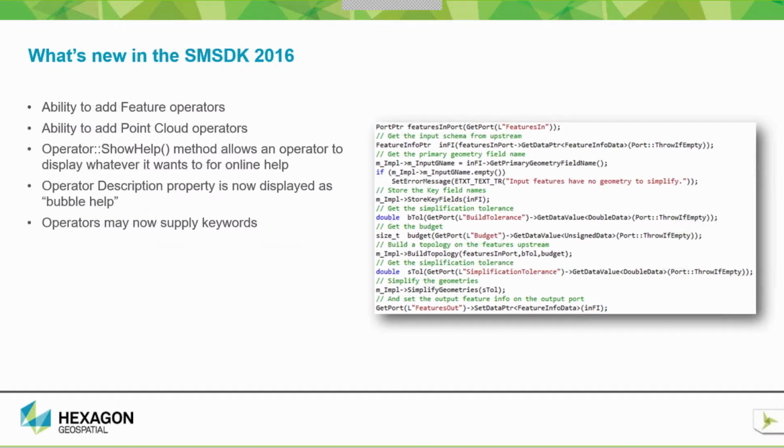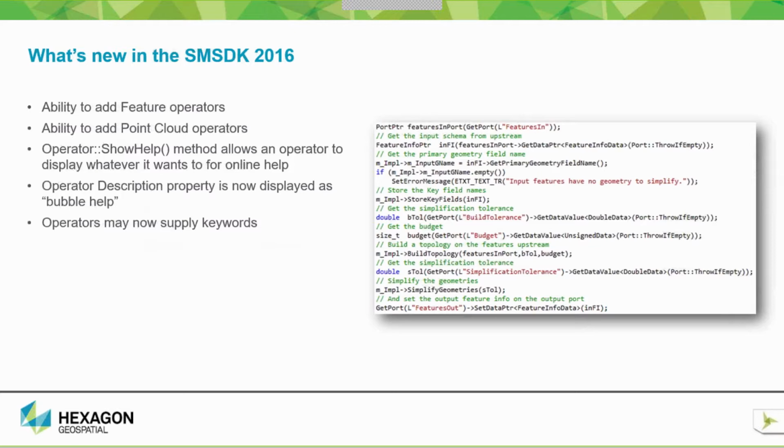A few other little things that I want to highlight here. Because of the way that online help is built into Imagine, it is not easy for a user to insert their online help into ours, but in 2016 we gave a developer the ability to display whatever they would like for help for their operator, so that a user could have help for a custom operator.